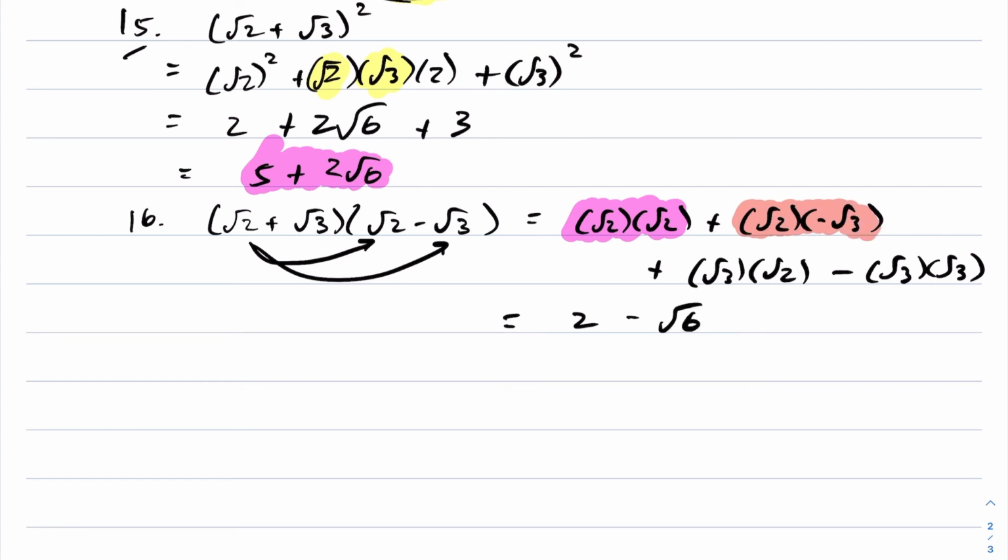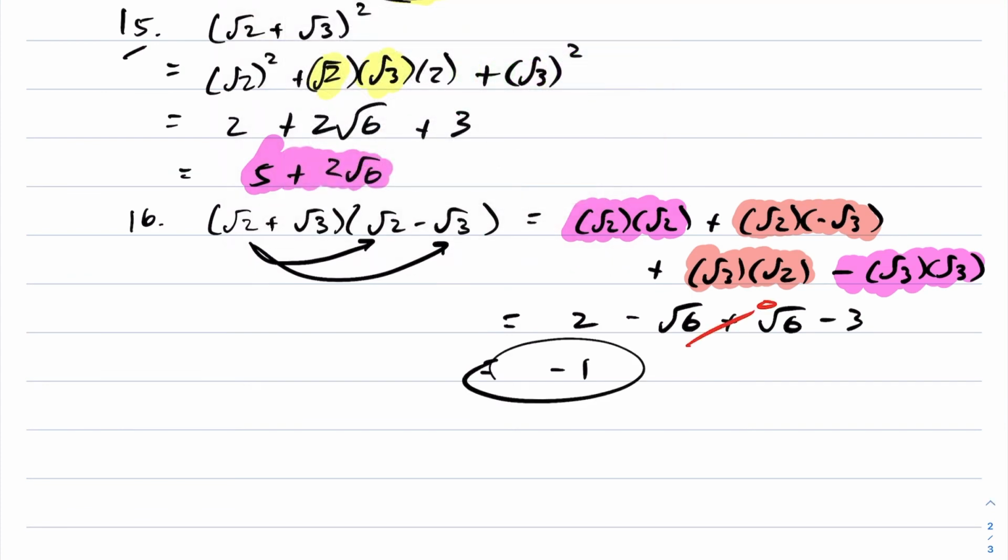This becomes root 6. Likewise, the next term will also be root 6, like we were discussing. And then lastly, root 3 times root 3 is negative 3. So simplifying, we get negative 1. And inside of here, these cancel. So final answer for 16 is negative 1.